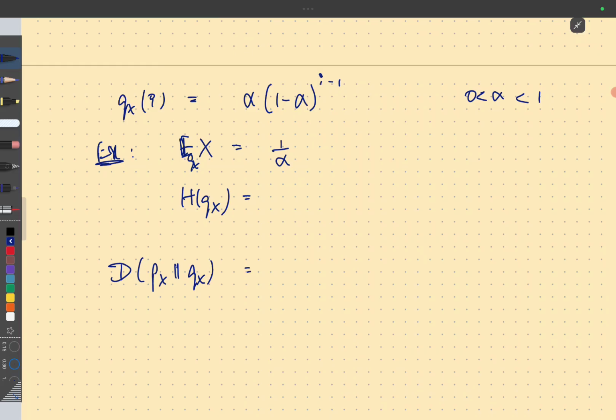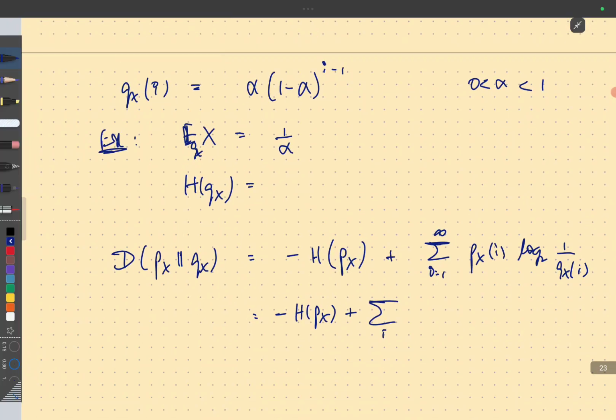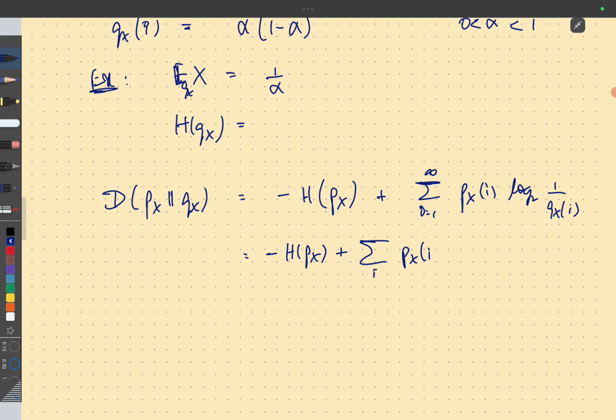This is equal to, again, the entropy of px plus sum over I equal to 1 to infinity px of I log 1 by qx of I. Right, so this is minus the entropy with respect to p of px plus sum over I, px of I log 1 over alpha times 1 minus alpha raised to I minus 1.